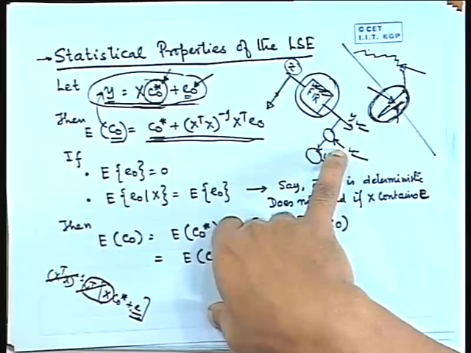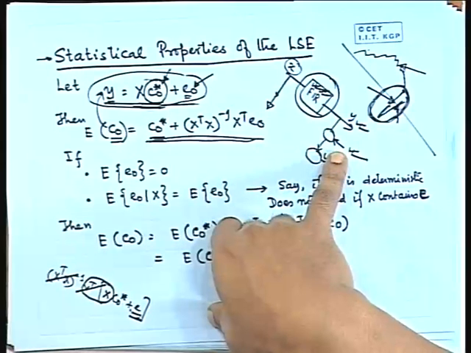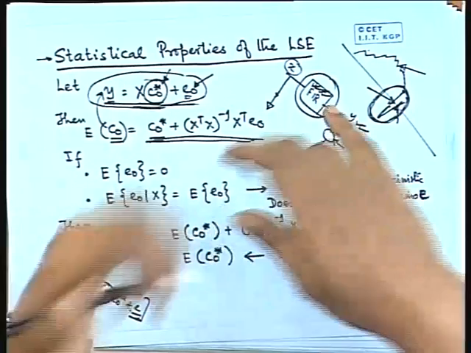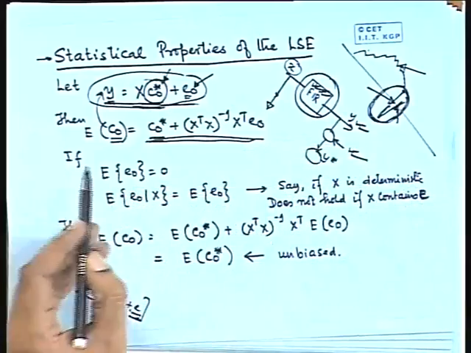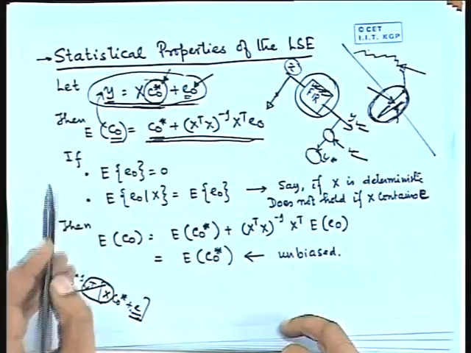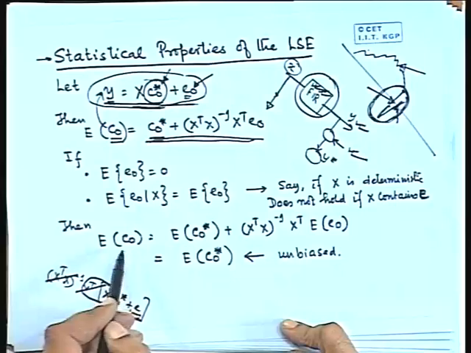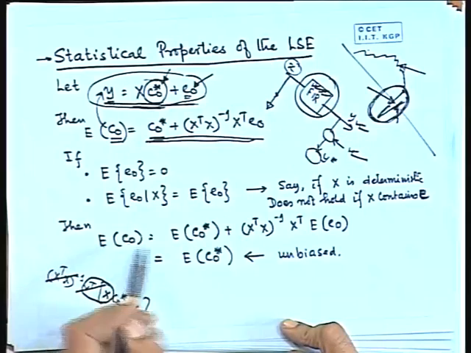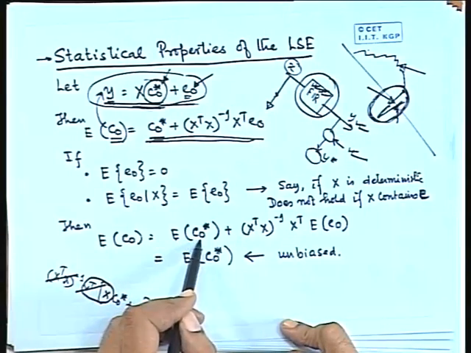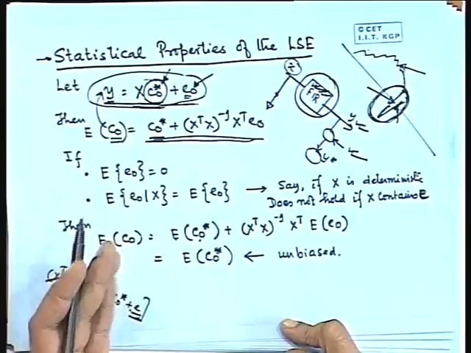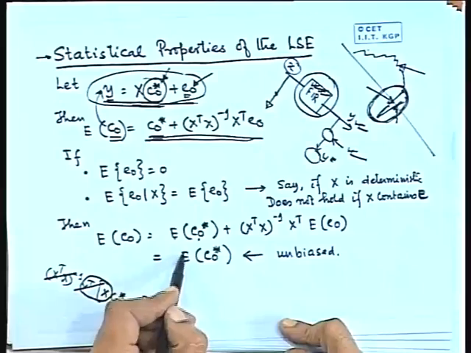Again, if we assume that, then obviously expectation of C0 is equal to expectation of C0 star. Now expectation of C0 star is C0 star, because we have used some values of coefficients to generate the data. It may be unknown, but it is constant, it is not varying. So therefore this is like C0 star.